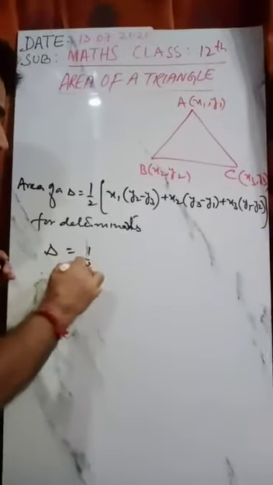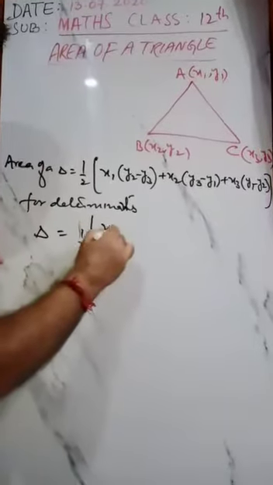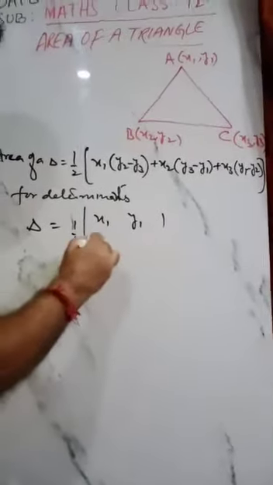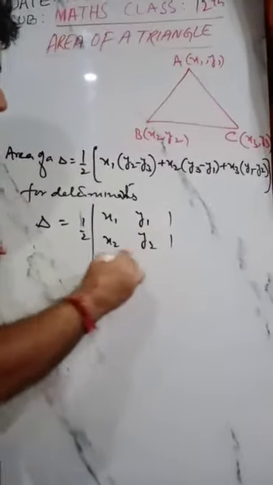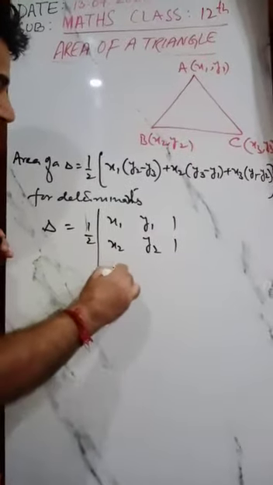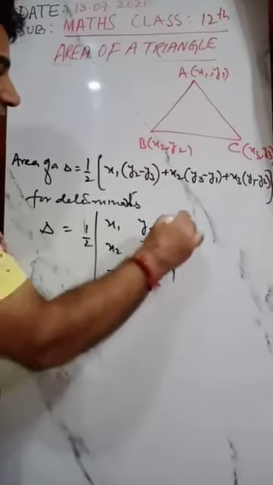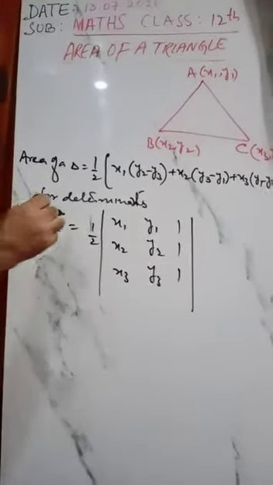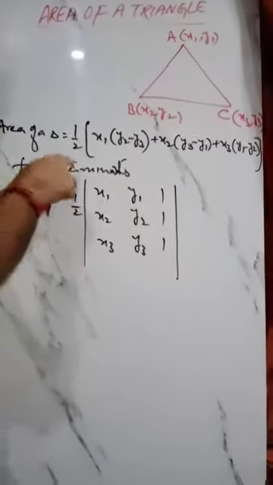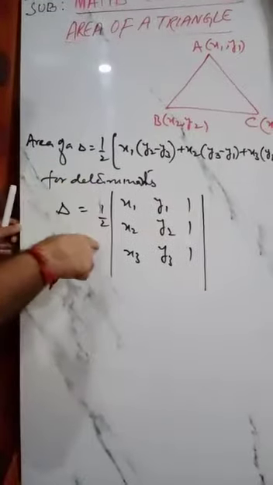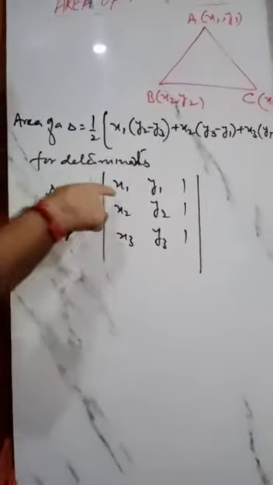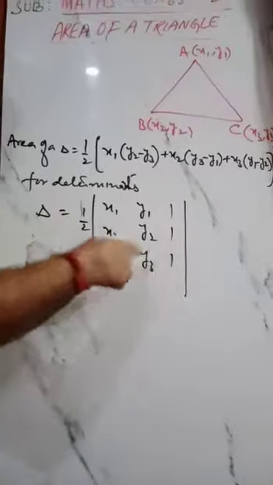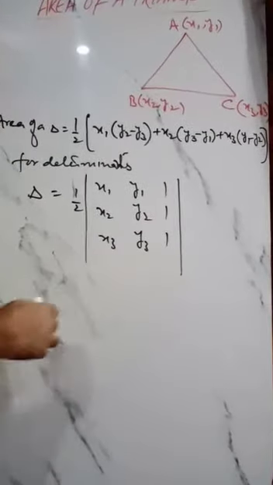Half times the determinant with rows x1 y1 1, x2 y2 1, and x3 y3 1. So this expression can be written in the form of determinants, that is half of the determinant x1 y1 1, x2 y2 1, x3 y3 1.